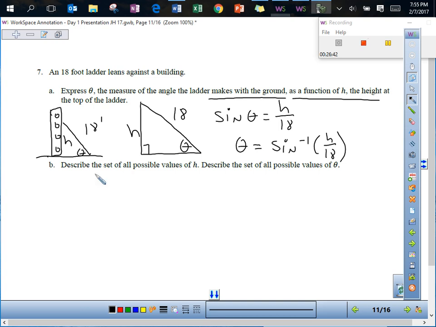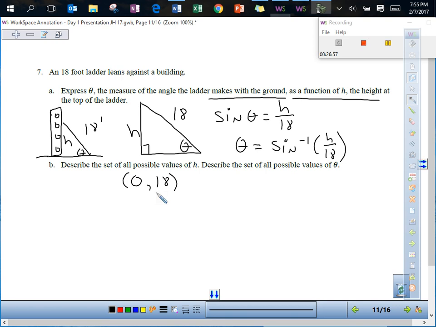Then it says, describe all the sets of values for h. Well, my height can be anywhere from 0 to 18. I can't include 0 and 18, because at 0, I'm on the ground, and at 18, I'm touching the wall.